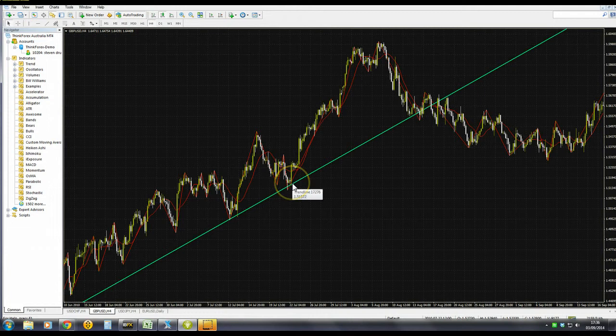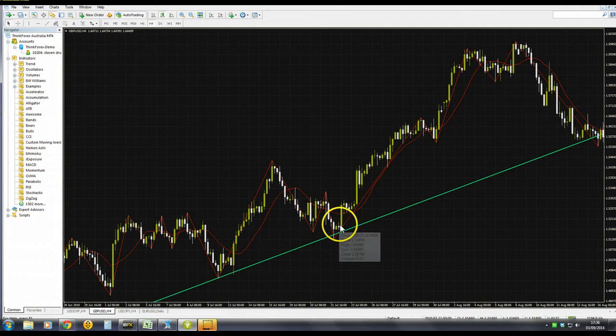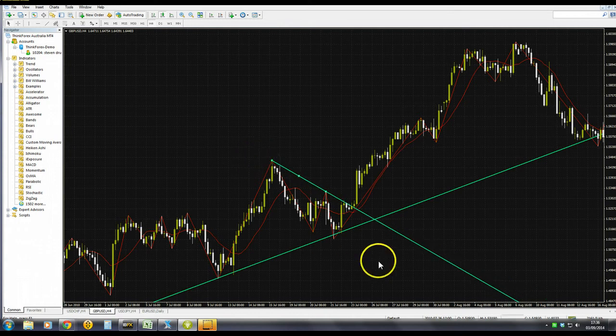Not really, but hey, if you couldn't find an entry on there because there was no real candle formation, take your entry via a trend line break. Okay, so we had that.